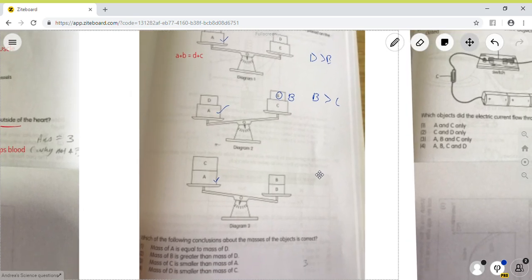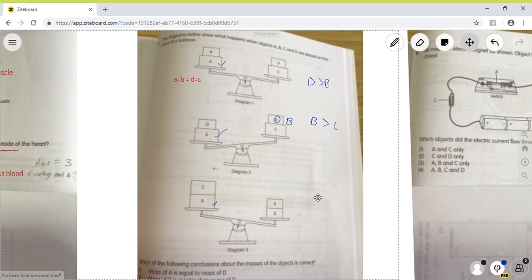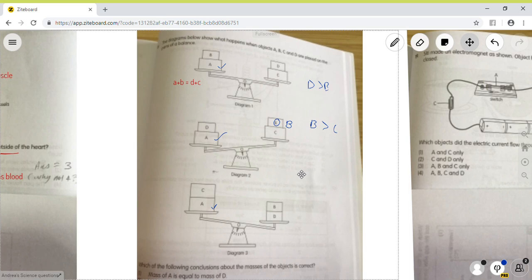C is smaller than A. I don't have a shorter way to do this. Then you gotta do the comparison one by one. I see. I don't have a shorter way.